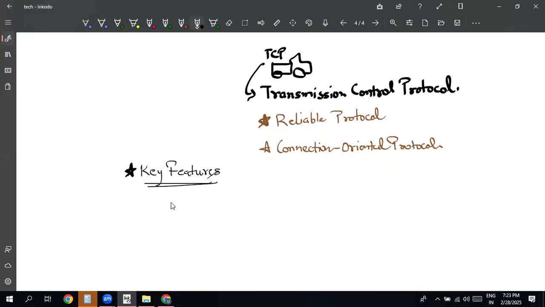The very first feature is called the three-way handshake, which is used for connection establishment.